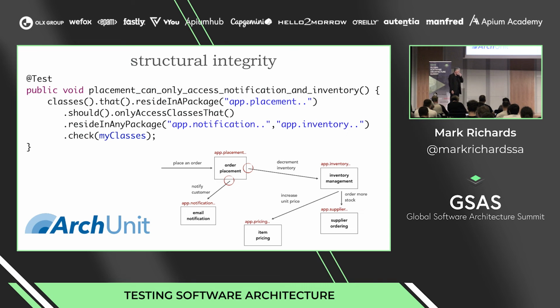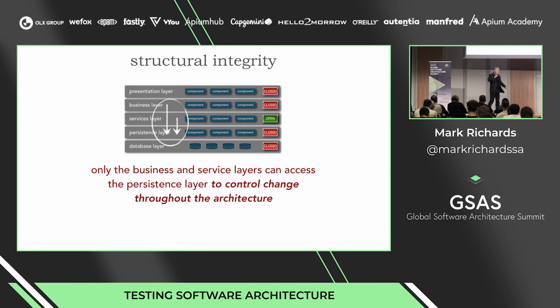As a matter of fact, here's another interesting one. Let's say that we have a traditional layered architecture, n-tiered architecture. But I don't want the presentation layer talking directly to the database because we expect a lot of change in that database and correspondingly in the persistence layer, and I want to isolate that change just to the business layer. I don't want my presentation layer having to change as well.